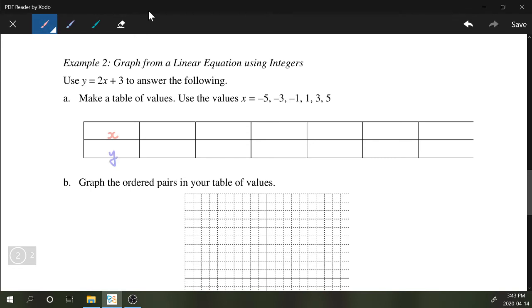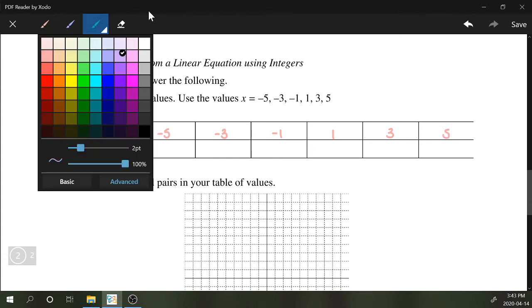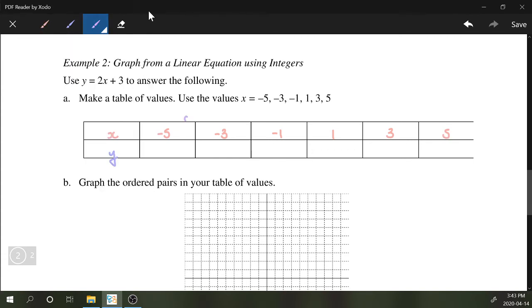And it says to use these specific values of x, so negative 5, negative 3, negative 1, 1, 3, and 5. And you should notice pretty much immediately that the common difference here is 2. We are always adding 2 going from one x value to the next. So the common difference is 2.